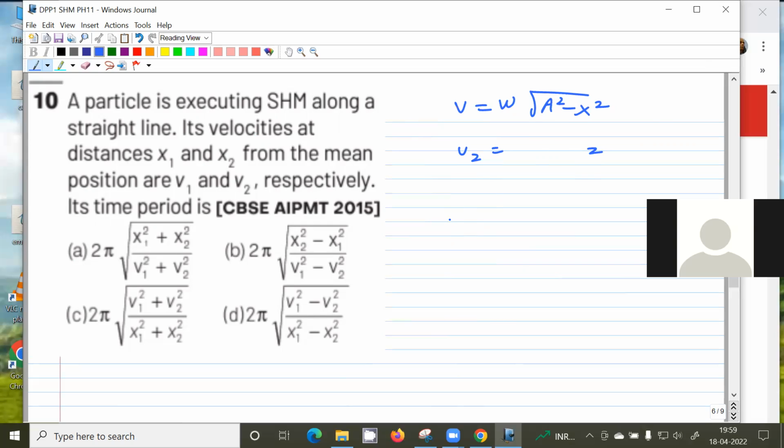Okay, divide these two. Instead of that, I can write, so divide these two.